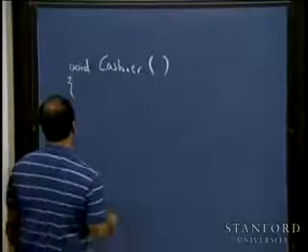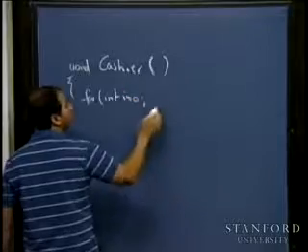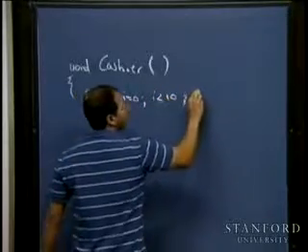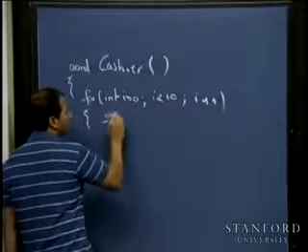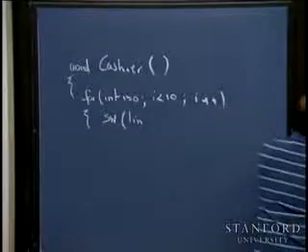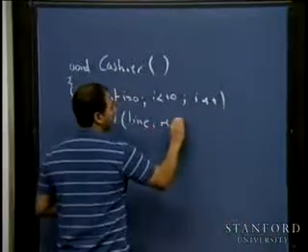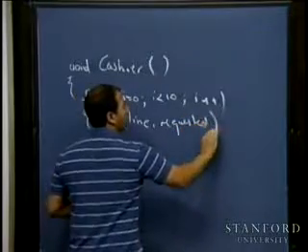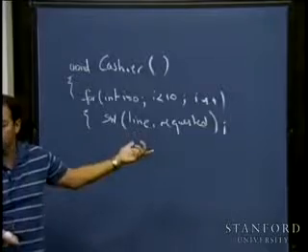Okay? So you have a for loop for int i equal to 0, i less than 10, and i plus plus. What you want to do is semaphore wait on line. So this is line. So you wait on line dot requested. Once you are requested, then you know that you are basically servicing the first customer in line.